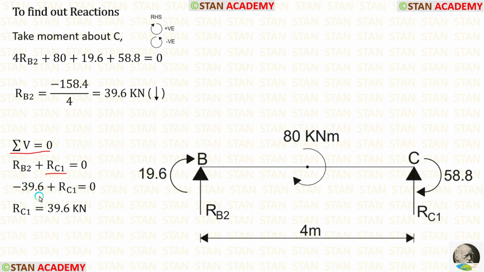Here we have to be very careful. When we apply the value of RB2, we must apply as negative value because it is acting downwards. Finally, we are getting RC1, which is equal to 39.6 kN.